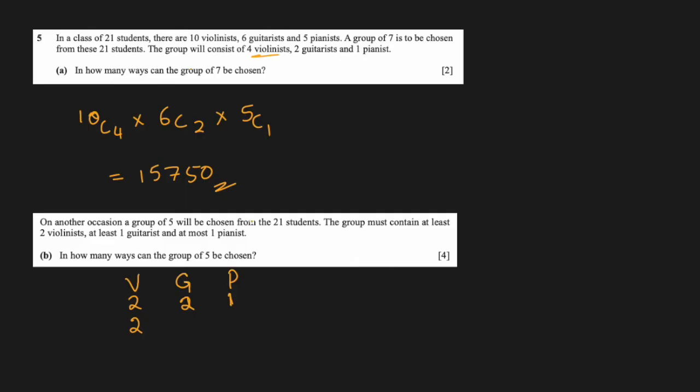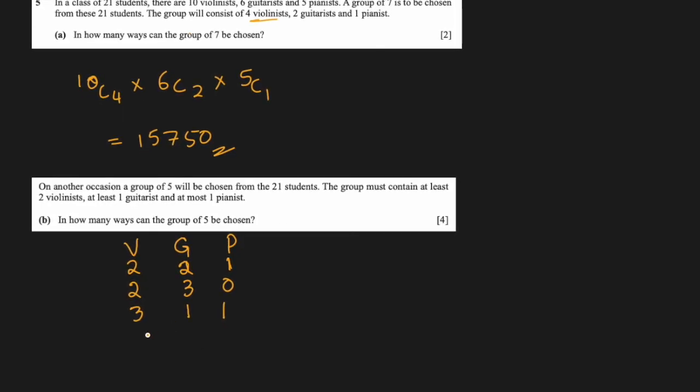Are 3 guitarists possible? Yeah, there are 6 of them, so 3 is possible. And no pianist, because they said at most 1 pianist. So we can have 0 also. So can we have 2 and 4? No, we can't have 2 and 4. And we can have 1 also, but then in that case we should have 3, 1 and 1. So we increase violinist to 3, reduce guitarist to 1 and 1 pianist will be there.